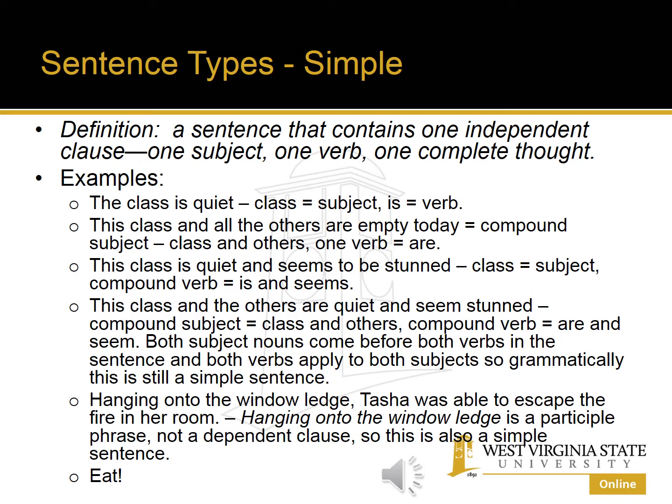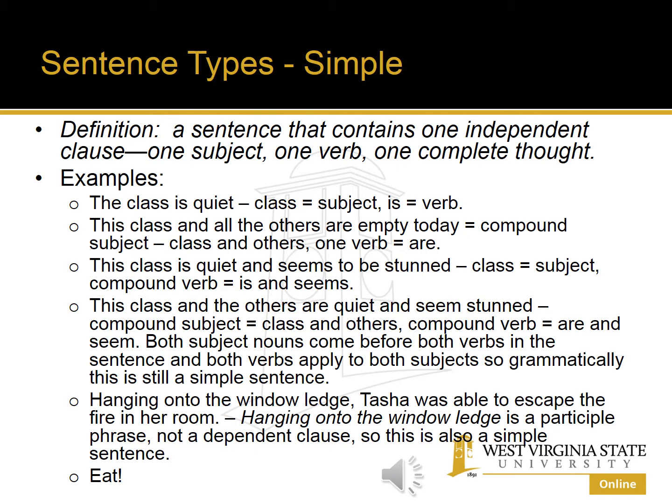The next example, and this is probably the one that will confuse most people. This class and the others are quiet and seem stunned. Now, why is this still a simple sentence? We have a compound subject and we have a compound verb.